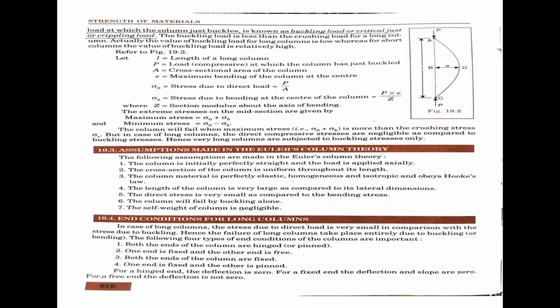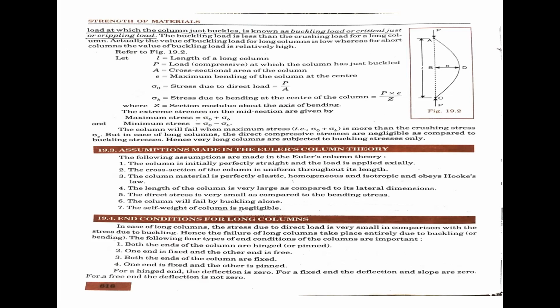The load at which the column just buckles is known as buckling load or critical load or crippling load. That means two names are there for a long column: buckling load or crippling load. The buckling load is less than the crushing load for a long column.